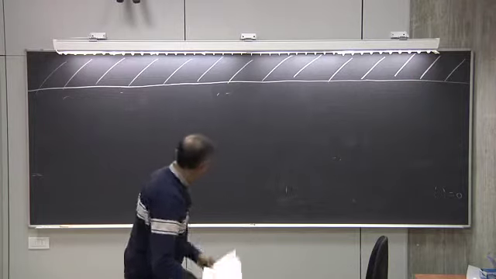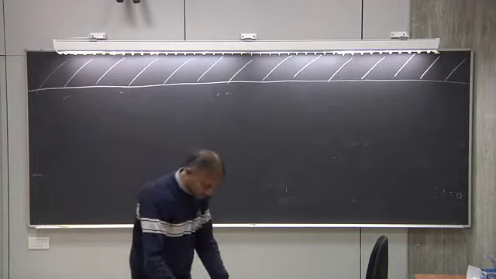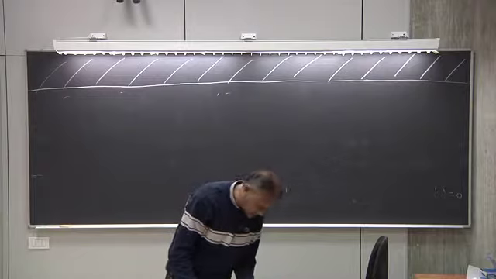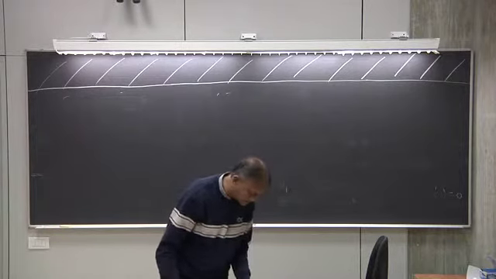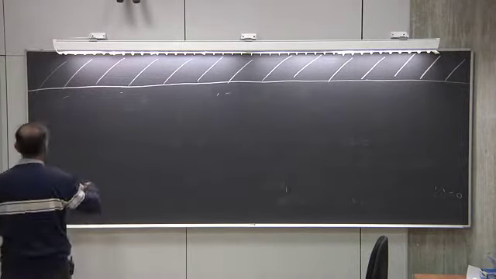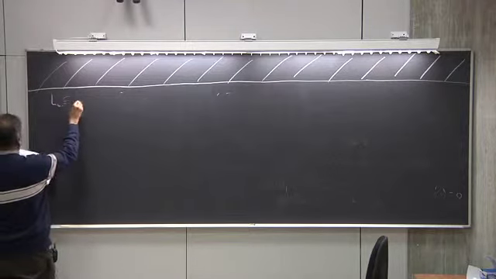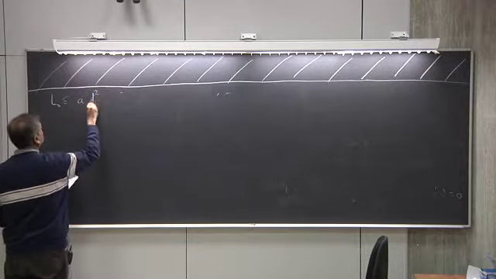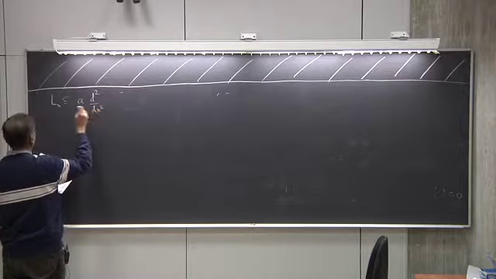Okay, so let's go back. Last time we obtained certain conditions on the Green's function. We were looking at a second order differential operator, so we were taking Lx equal to a d2 by dx2. Let me write it down here.